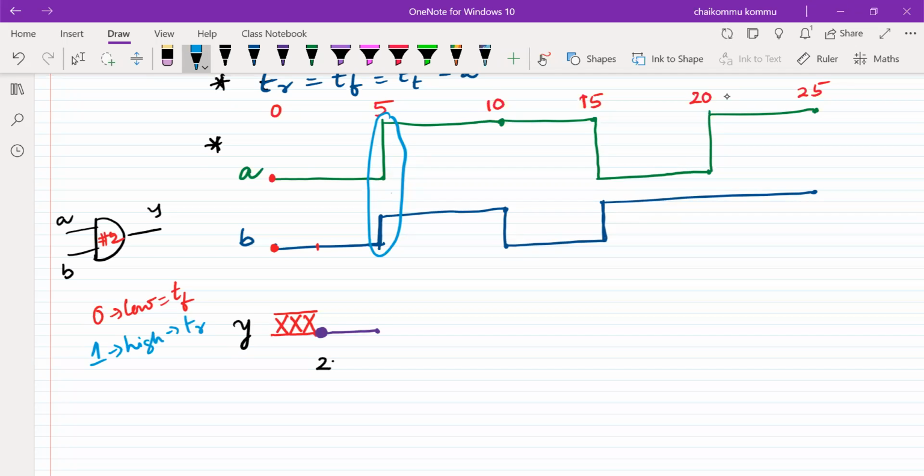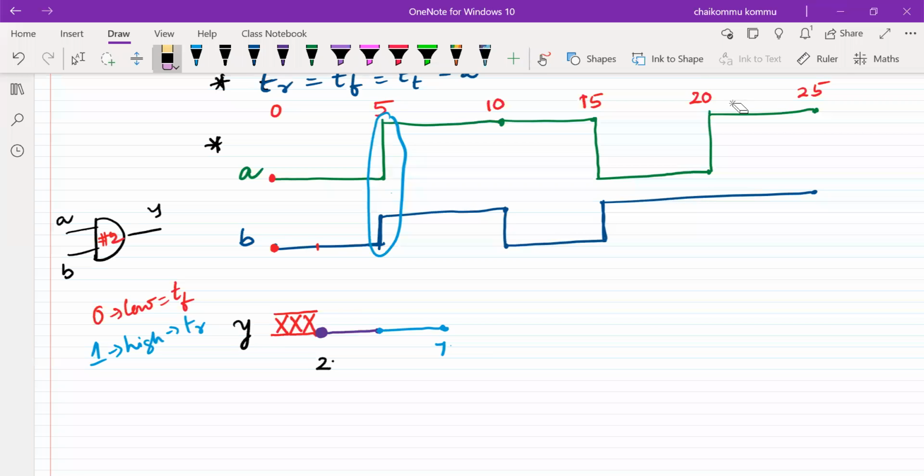Okay. So therefore, it cannot be available as 1, but it has to wait for 2 nanoseconds. 5 plus 2 means what? 7. Up to 7 nanoseconds, the value will be 0. Then only will it start using the logic 1.